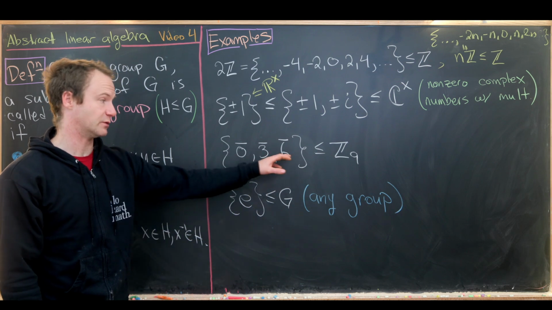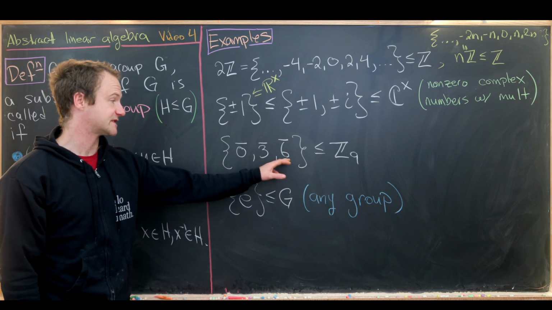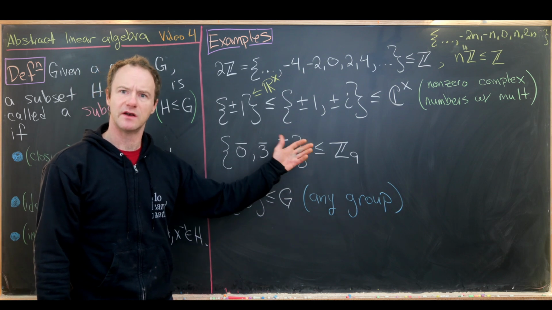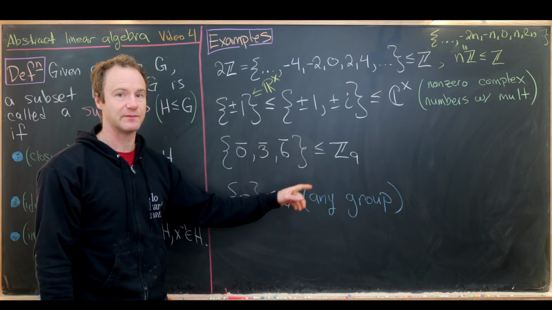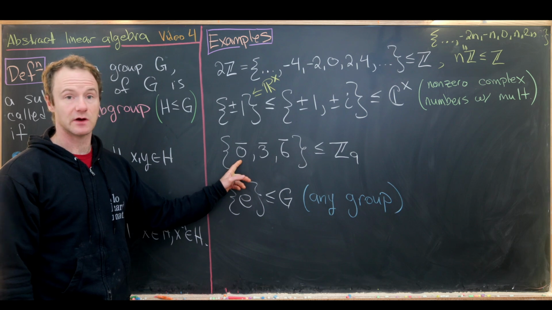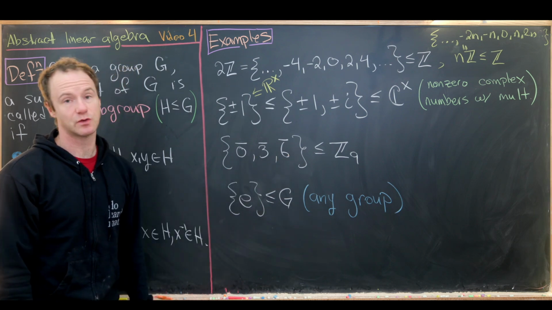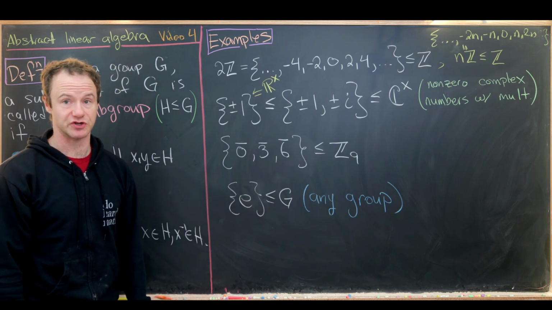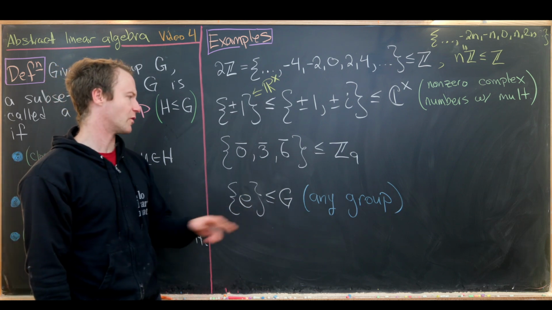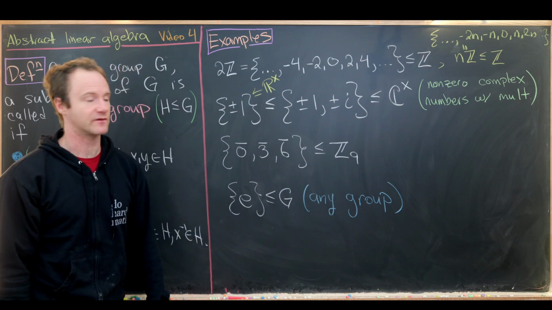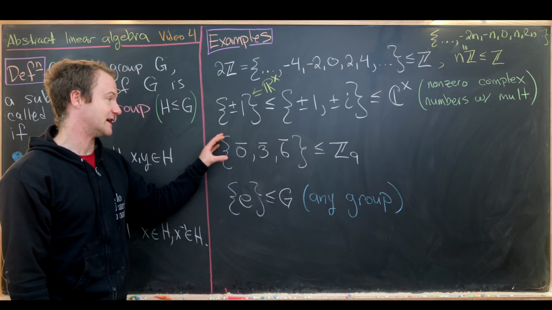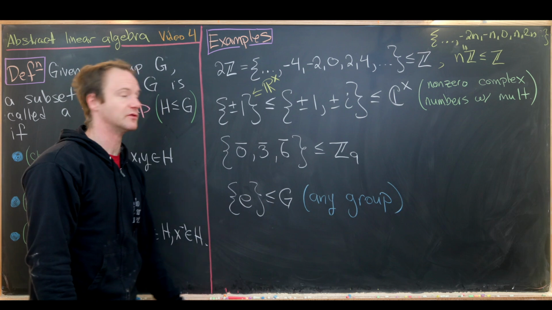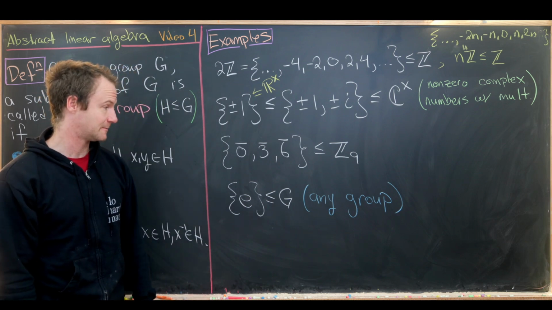Notice 3 plus 3 will be 6. 3 plus 6 is 9, but if we divide by 9 and keep the remainder, that's going to be 0. Finally, 6 plus 6 is 12. Keeping the remainder after dividing by 9 will be 3. So we have closure there. Then furthermore, 3 and 6 are inverses of each other. So that makes this set right here a subgroup of Z9.